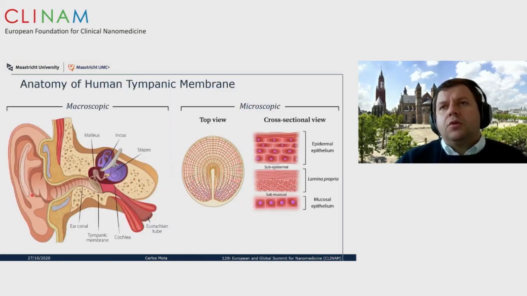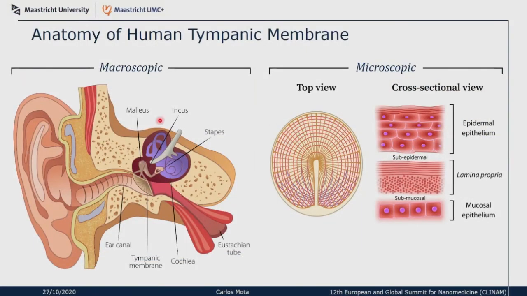If we look at the tympanic membrane more in depth, its size is around 10 millimeters, and it's slightly concave, also for better efficiency in converting sound waves to mechanical motion.